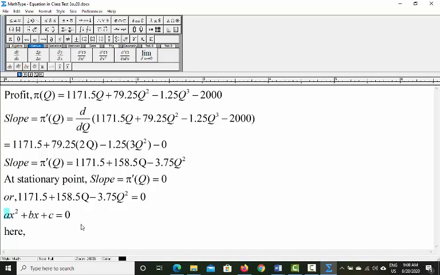So if we match, the value of a is minus 3.75. Here q is the variable, and with the squared variable, whatever coefficient we have, that's the value of a.